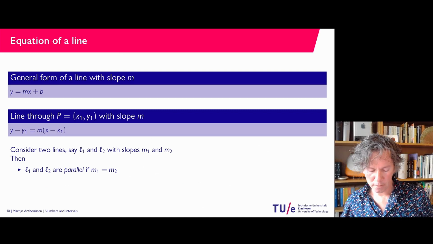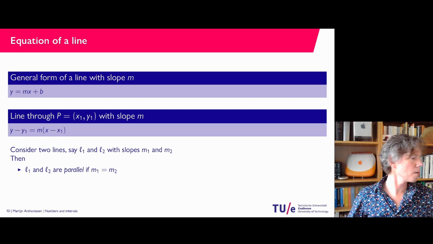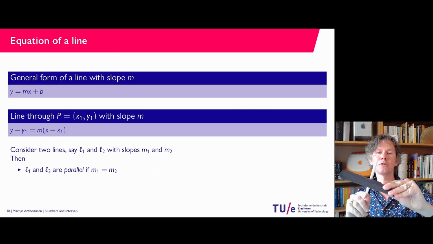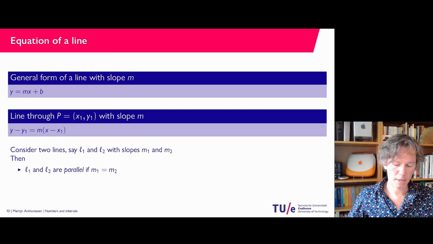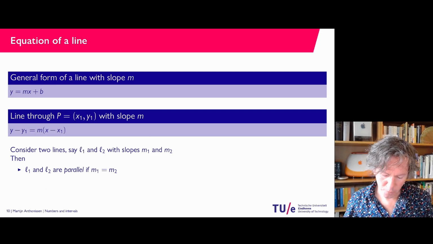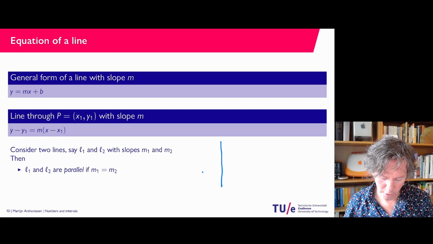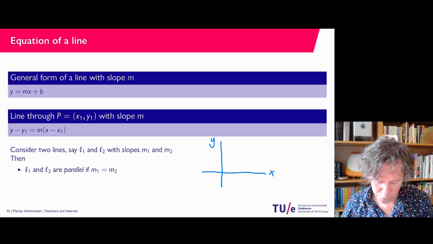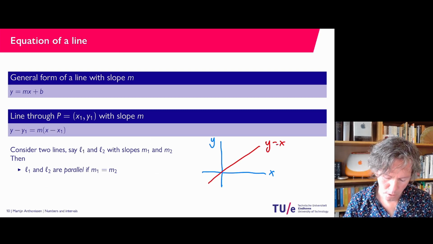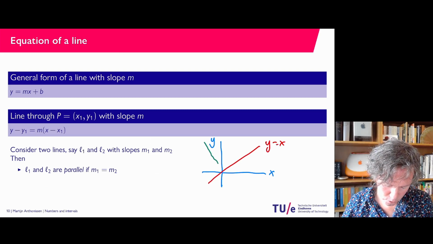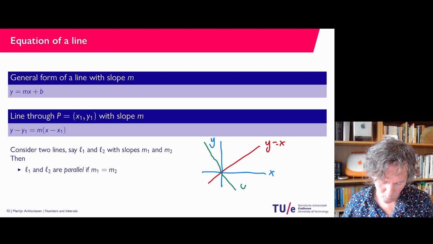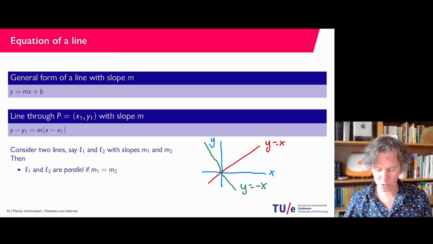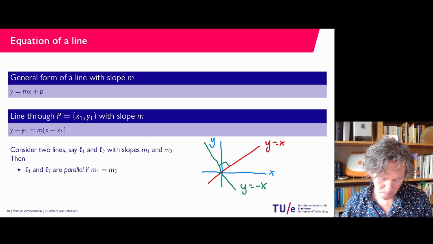What you could also think about is when you have two lines that make a 90-degree angle, then there is also a relation between the slopes. And if you think a little bit about that, so if you have, for instance, x, y, and if I would plot here the line y equals x, then you know that this line here, y equals minus x, makes a 90-degree angle.